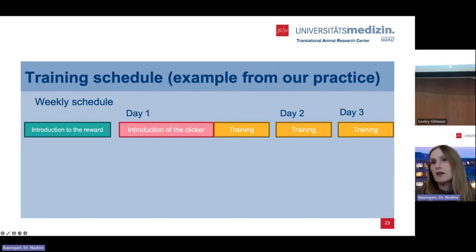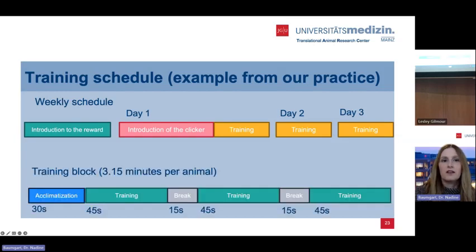We always have breaks on weekends if we have longer trainings, to make it as easy as possible. And on one of these training days, we have a training session where we have a short acclimatization, and then we have training, break, training, break, training. And in this break, we usually keep record.